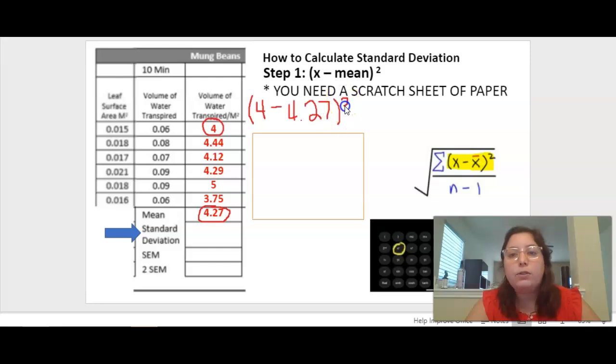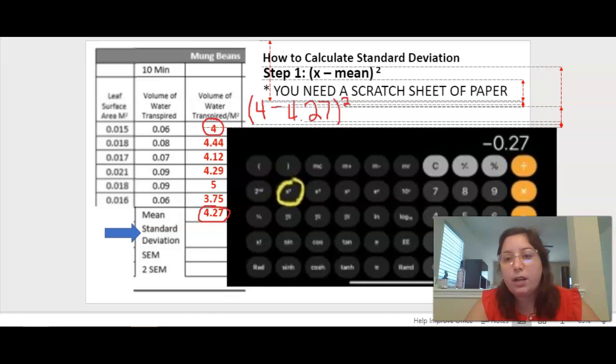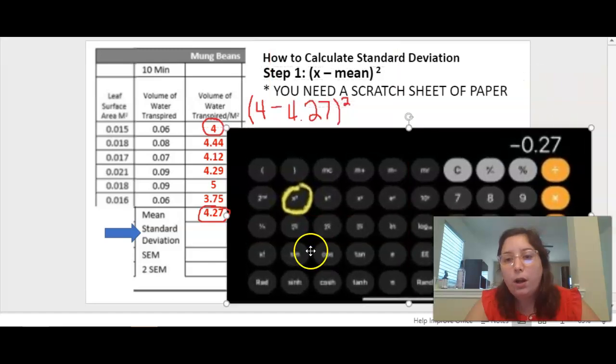And you're going to square that answer. When you subtract 4 minus 4.27, you are going to get negative 0.27.